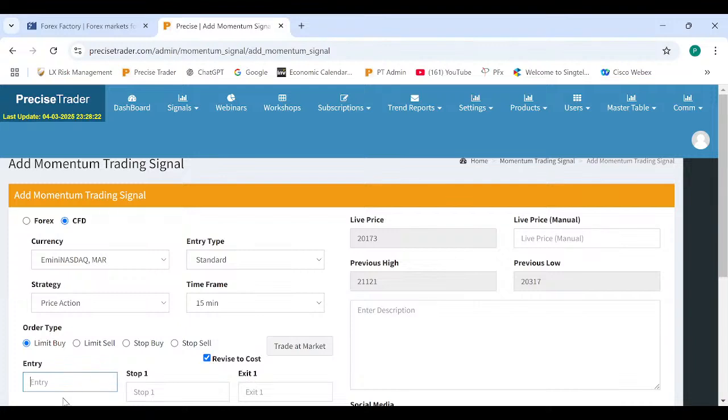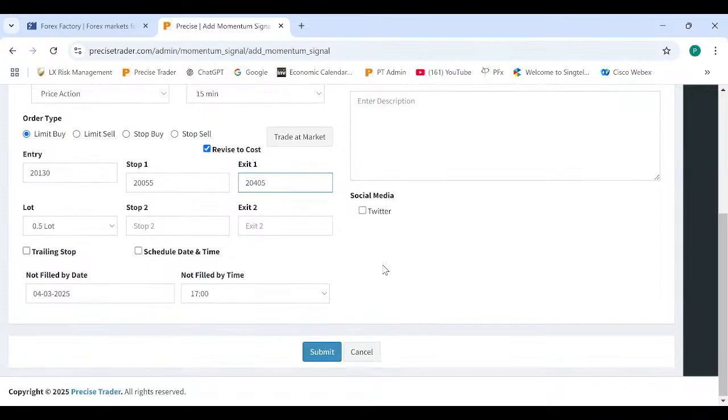Okay, buy at 20130, stop at 20055, and the TP we will put as 20405. Okay, so about 270 pips or higher we are looking at.